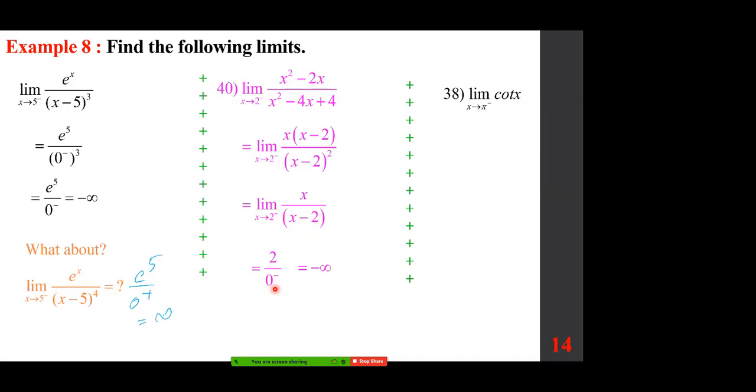And that's what I want you to be careful with. If you look at this example, you may know the answer is negative infinity because you may remember the graph, okay, class? This is the graph, and this is x equals pi.